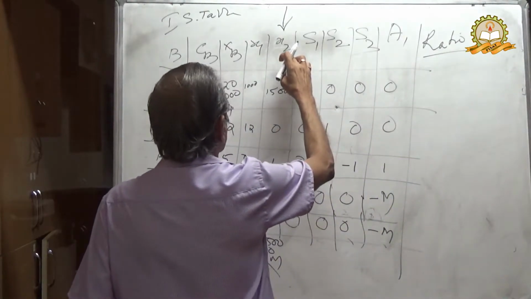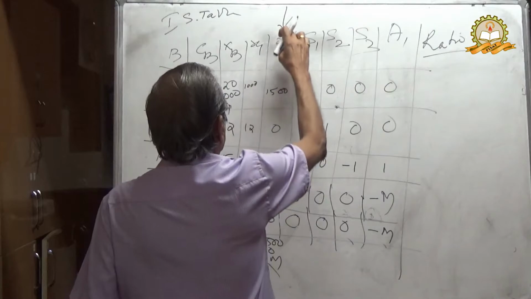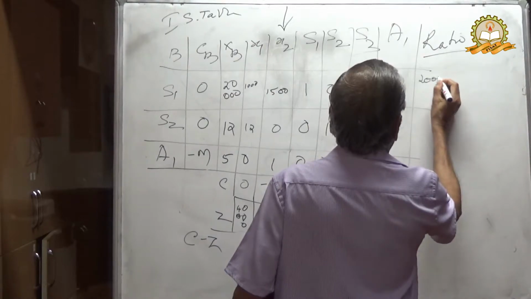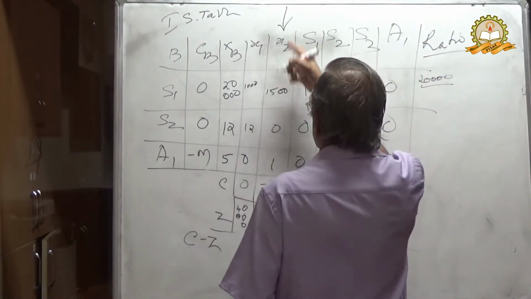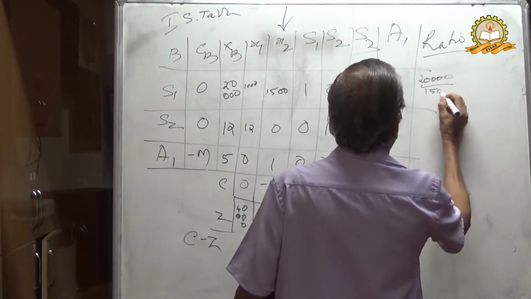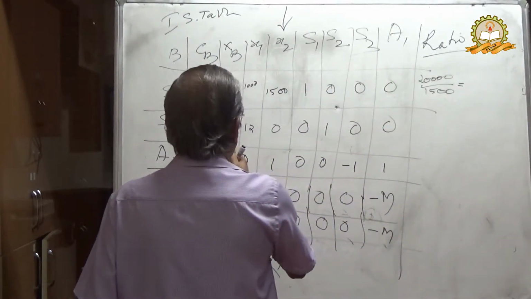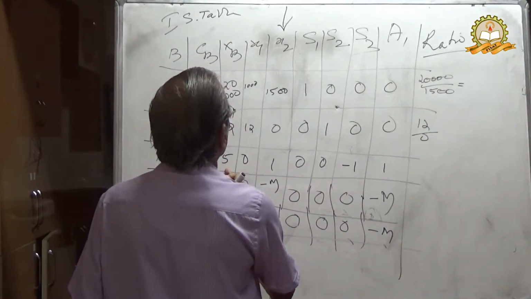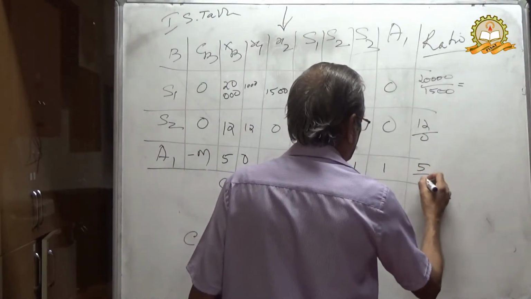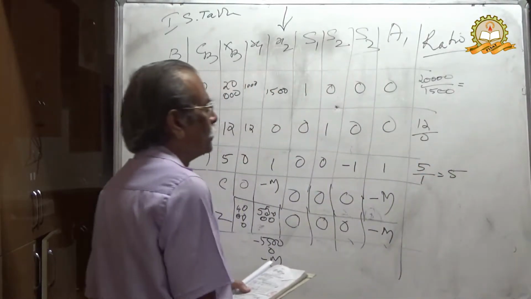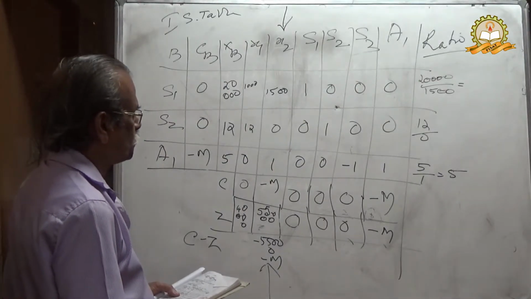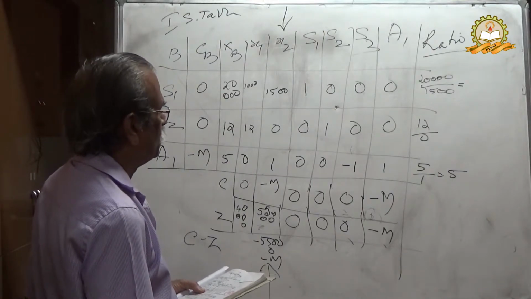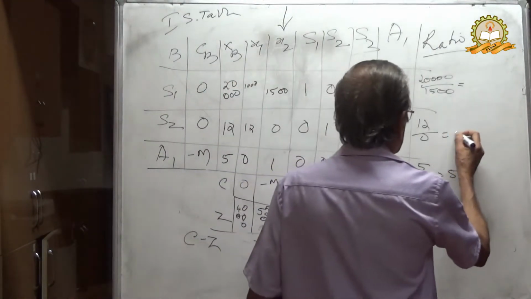Therefore, ratio is found out as x2 is your pivot column: 20,000 divided by 1500, then 12 by 0, then 5 by 1. 20,000 by 1500, 12 by 0, therefore this is 0.